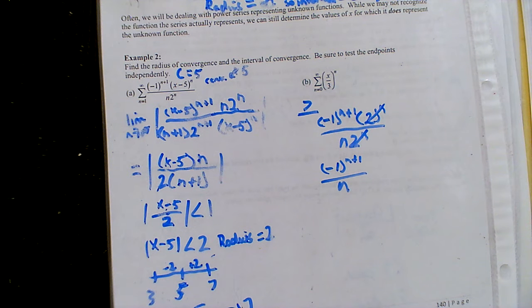Take out the alternator, kind of like you made it two separate things, and then test the limit. What should the limit equal? Zero. Okay, the limit should equal 0, so that's one thing.